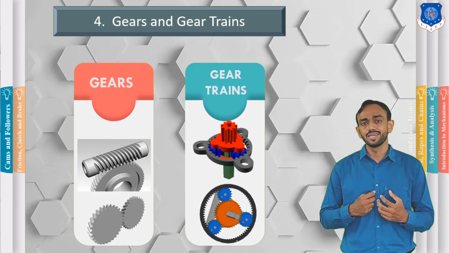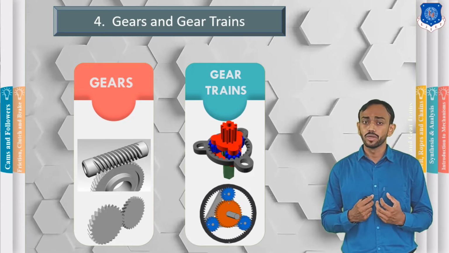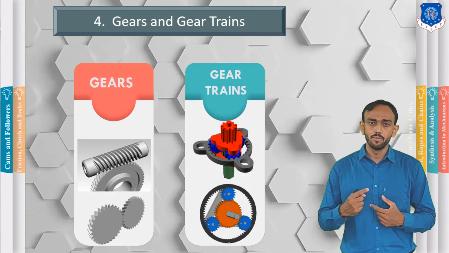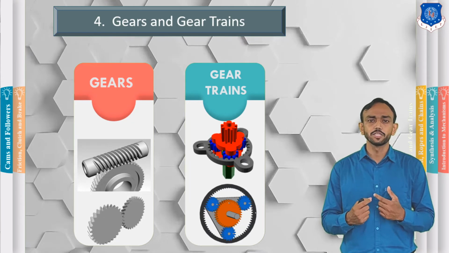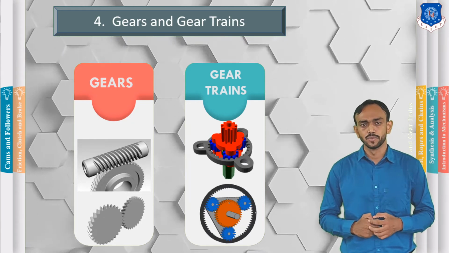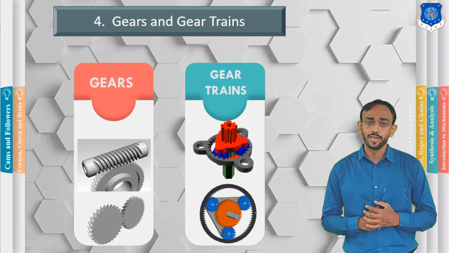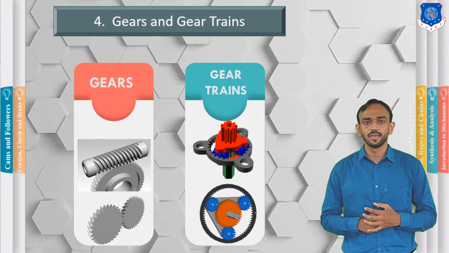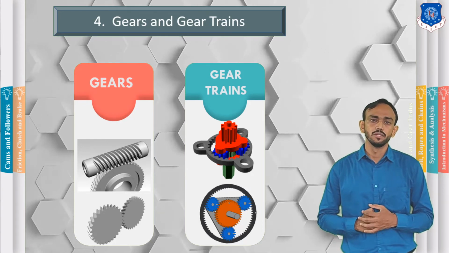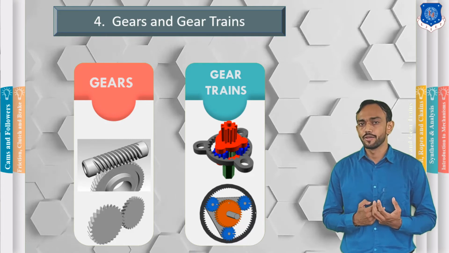So we will study the types of gear trains and how you can find the RPM or direction of any gear in this system. These two are very important chapters, gear and gear train, and you will learn how the gear drive works.